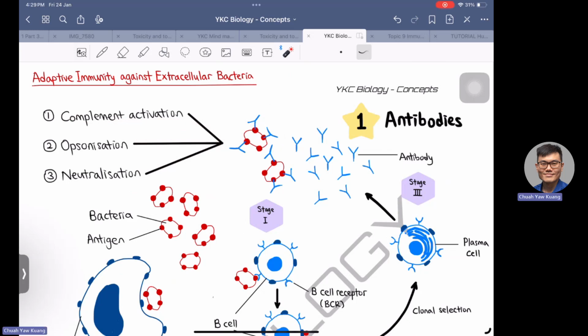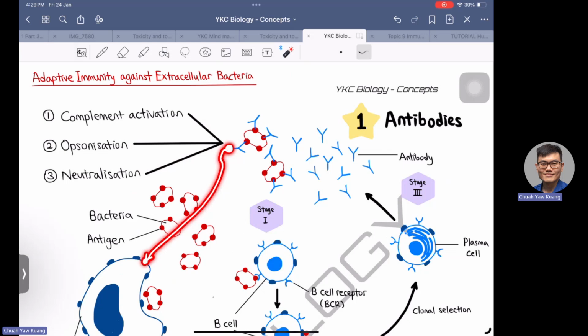Another outcome is that this antigen-antibody complex can also lead to opsonization. So meaning that after the antibody binds to the bacteria, then the Fc region of the antibody can actually go and bind with the receptor on the phagocyte.